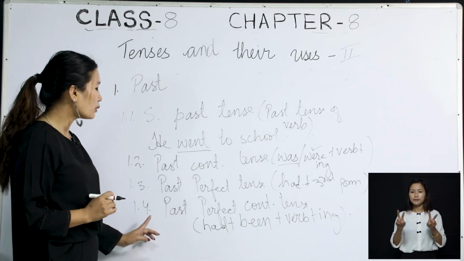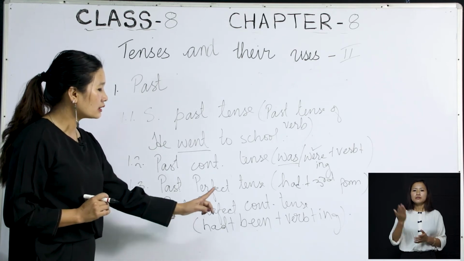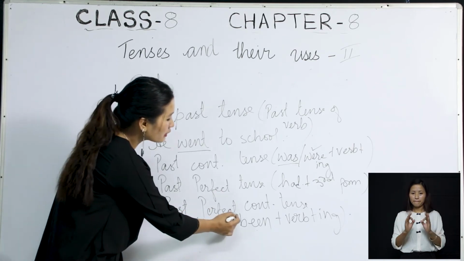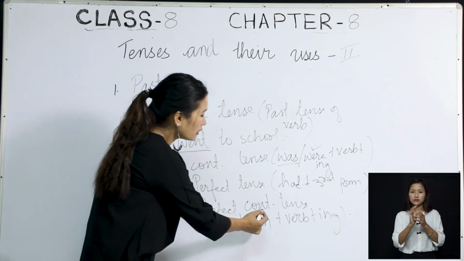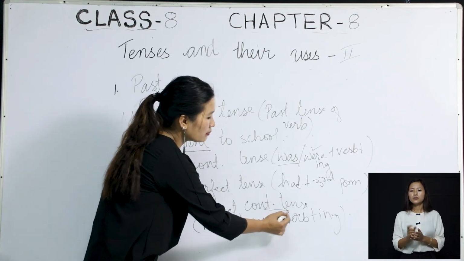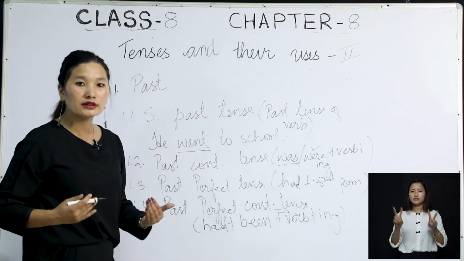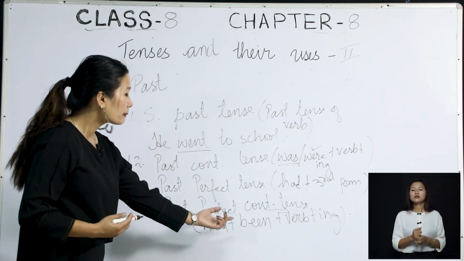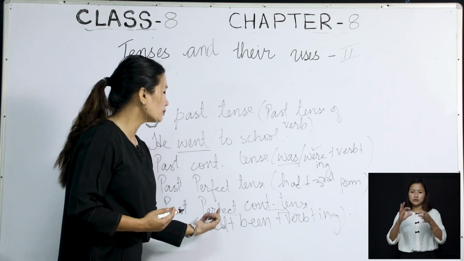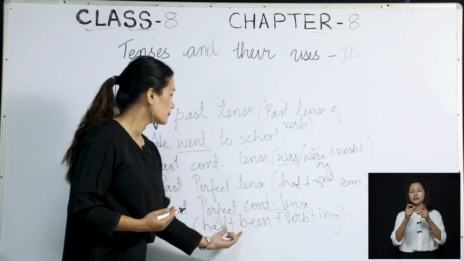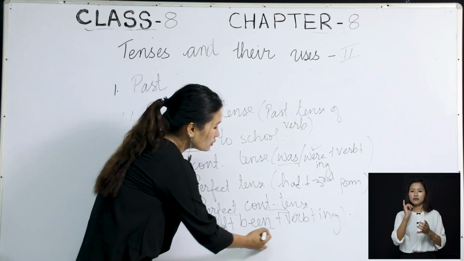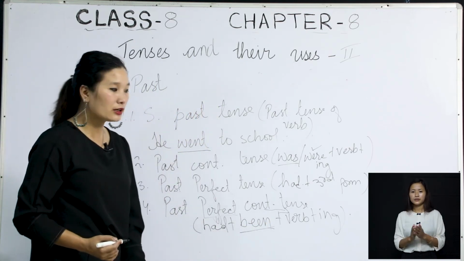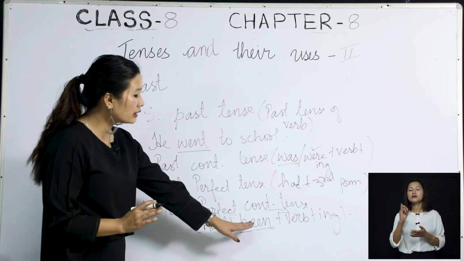And then 1.4, past perfect continuous tense. Perfect here gave us the permission to use the word had. Continuous has given us the form verb plus ing. It has given us the authority to use this. And in order to connect these two, had and verb plus ing, we need to bring the word been, B-E-E-N.